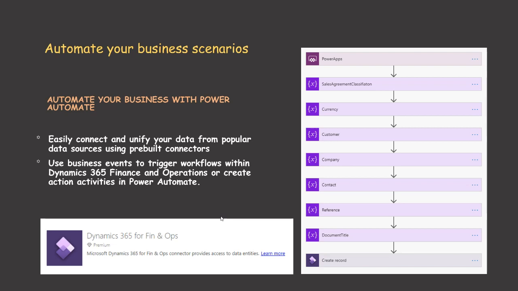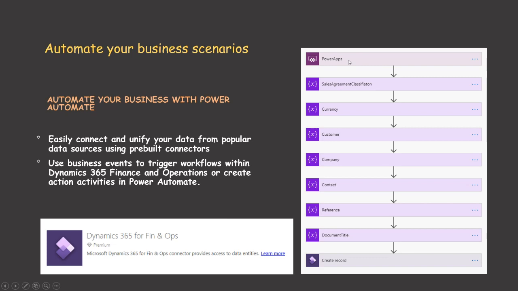In this case, you have to use the Dynamics 365 for FinOps. This is the connector that you can use to connect with the FinOps. And in this Power Automate flow, the create record is the one which is actually using the Dynamics 365 for FinOps, and these are the variables.